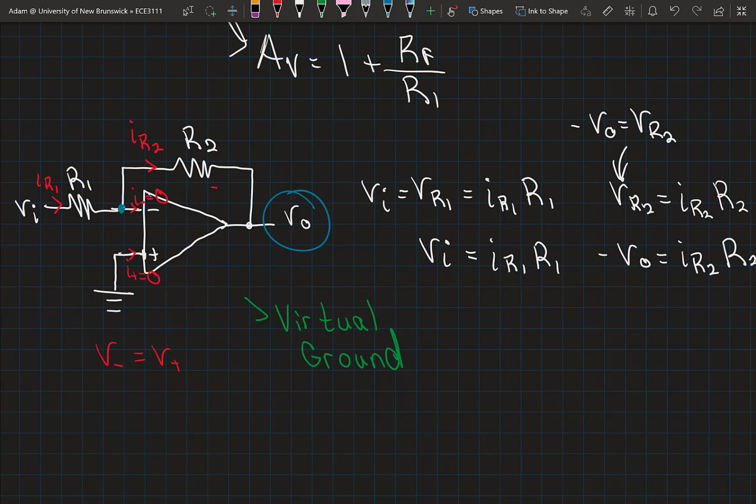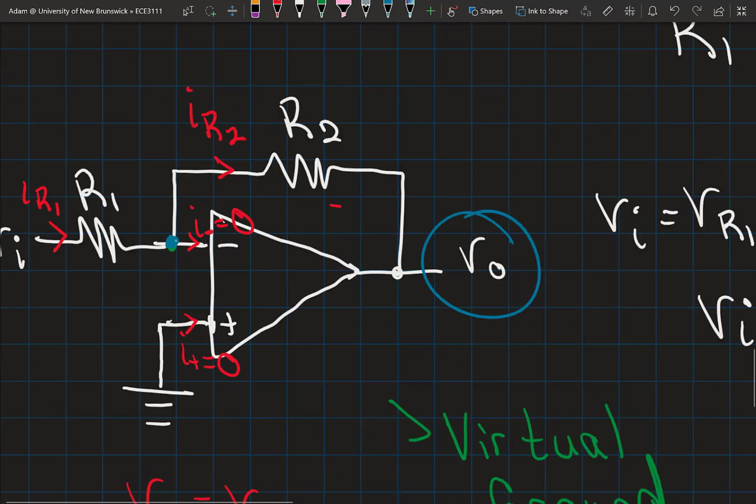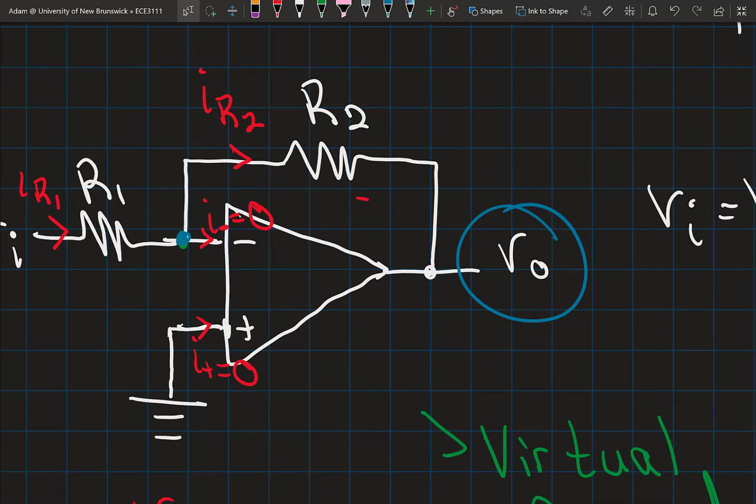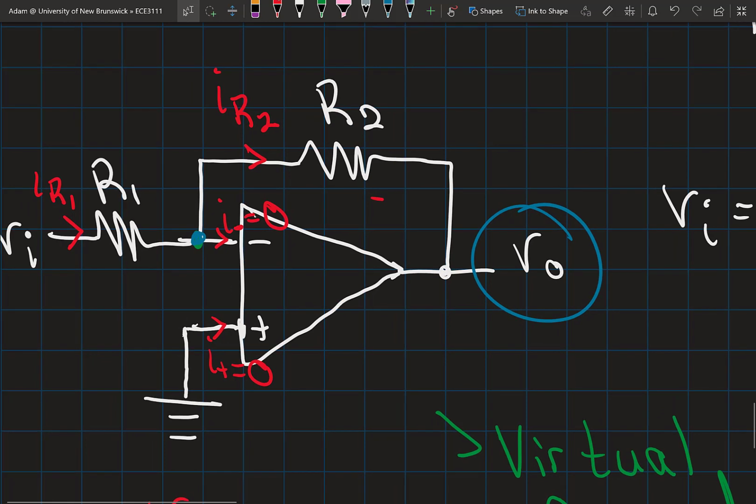What I want to focus on now is the current at this inverting terminal. I have the current IR1 flowing in here, the current I inverting is 0, and I have a current flowing up through here that's equal to IR2.